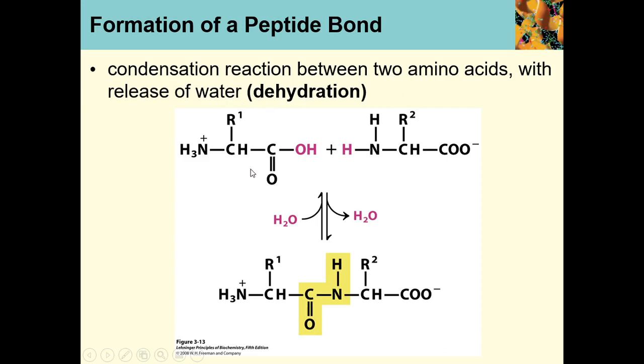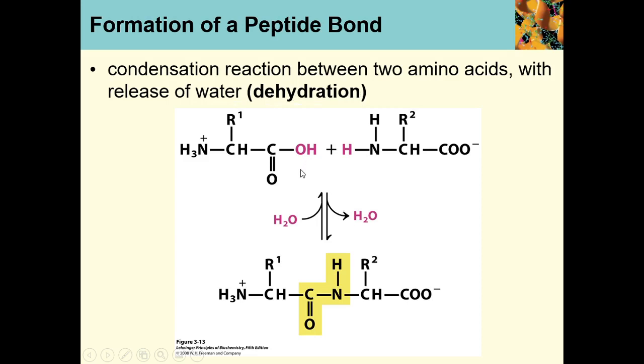So what happens in the formation of your peptide bond? This involves linking of the amino group of the second amino acid here with the COOH, or the carboxyl group, of the first amino acid. And in the process, there is a release of water, your dehydration process.